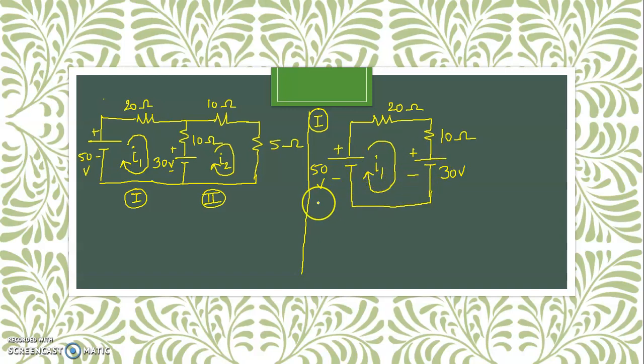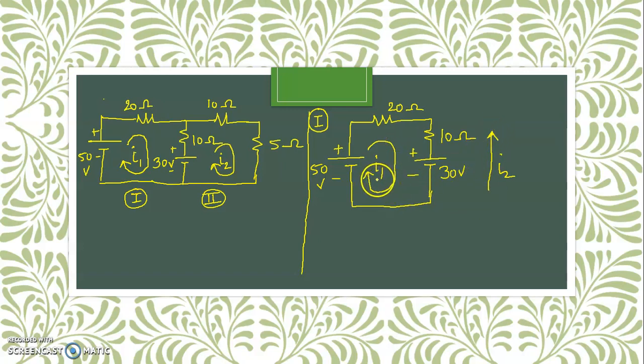But there is an effect of second loop current. What is that second loop current? I2. The direction of that loop current for this particular 30 volt and 10 ohm is upward, whereas I1 is downward. So I1 is downward, I2 is upward.